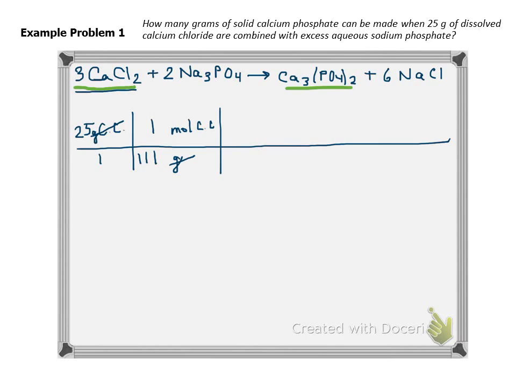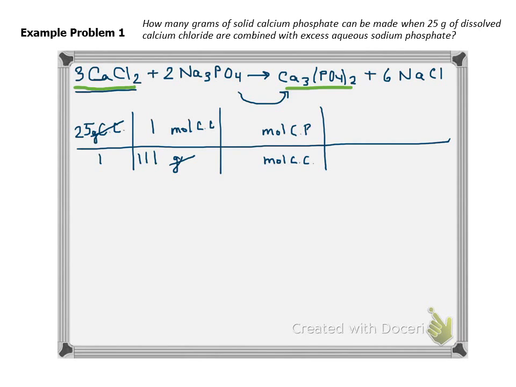In order to pass through the mole tunnel to the other side of this equation, we must use a mole ratio. So we want to cancel out moles of calcium chloride, so that will now go into my denominator. And I want to use the reaction equation to relate that to moles of calcium phosphate.